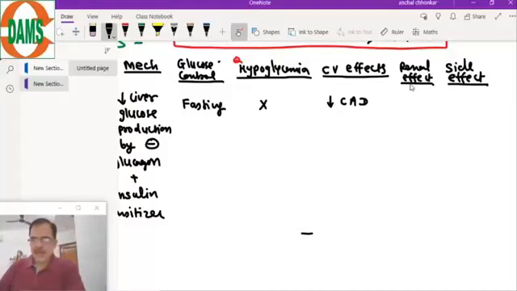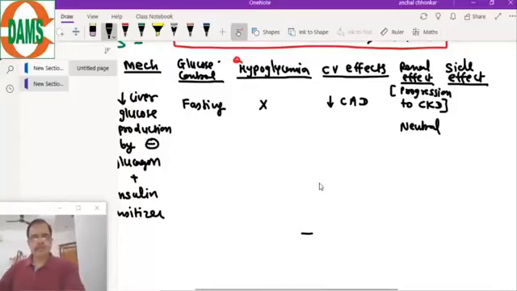Renal effect means progression to CKD. So it is neutral on the renal side. This progression to chronic kidney disease, it is neutral.